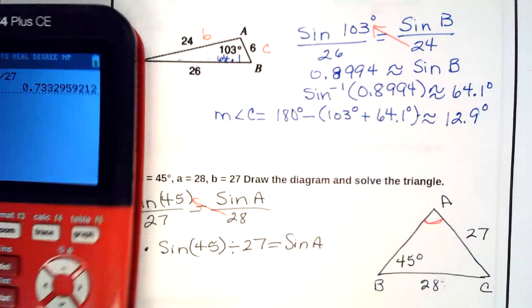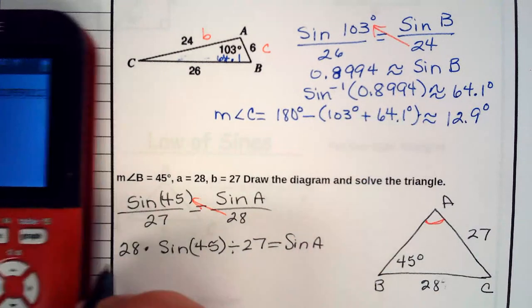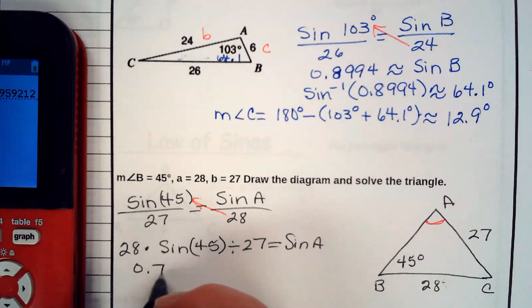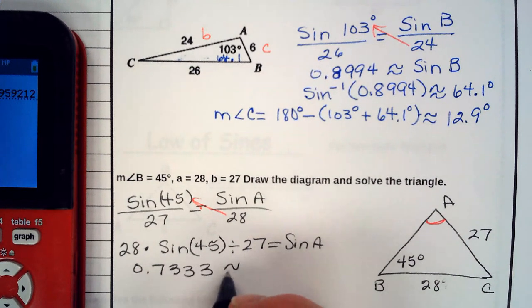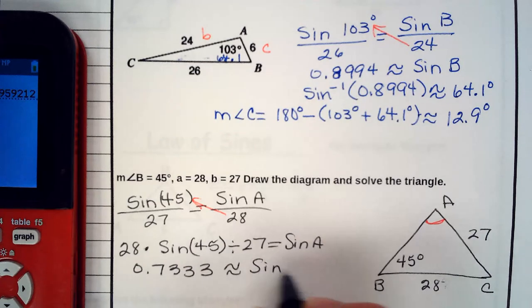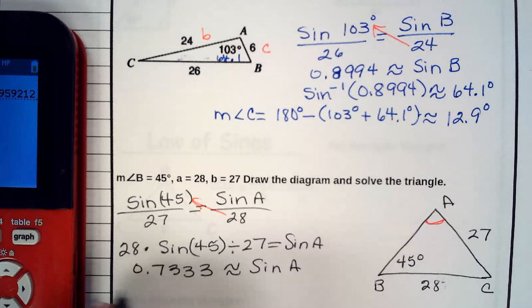And I get 0.7333 is approximately my sine of A. Sine inverse.